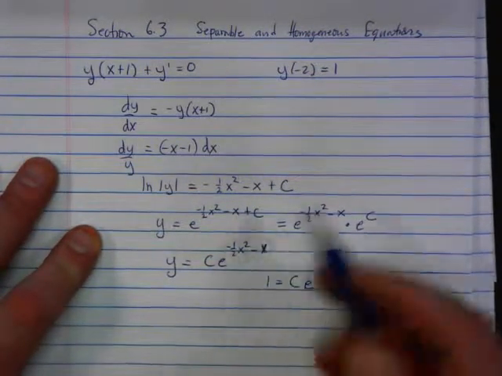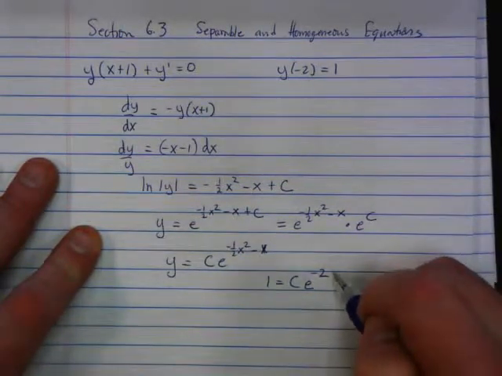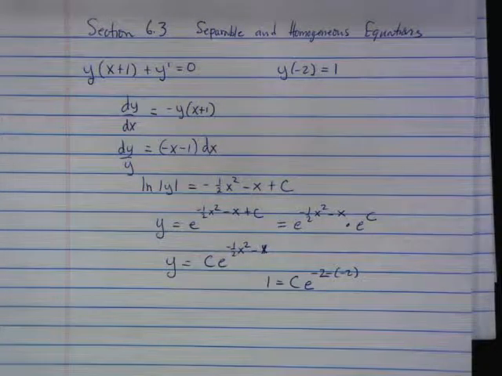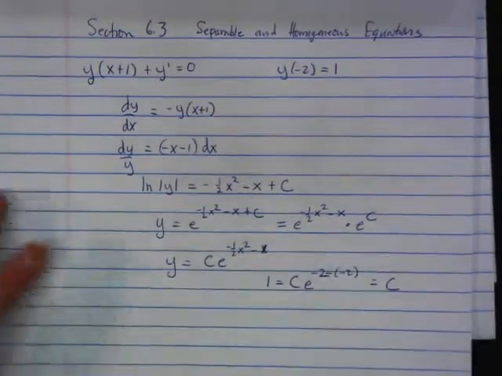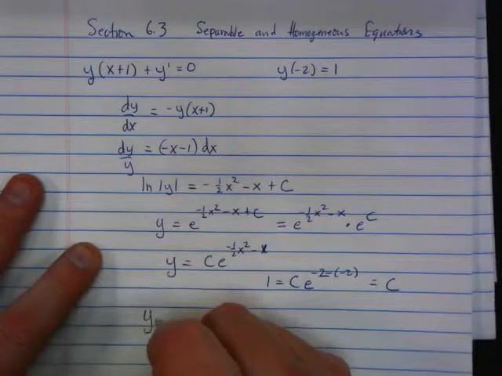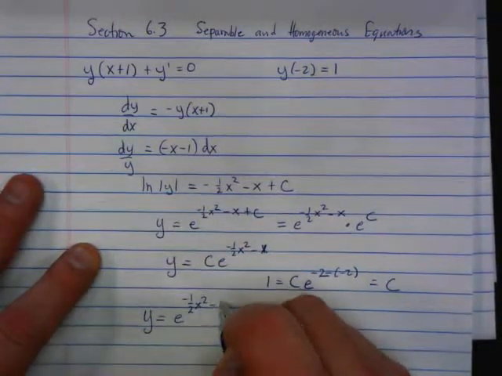So negative 1/2 times 4 is negative 2 minus negative 2. Negative 2 minus negative 2 is 0. E to the 0 is 1. So that's just c times 1, which is c. So c is the number 1. So final answer. Y equals e to the negative 1/2 x squared minus x.